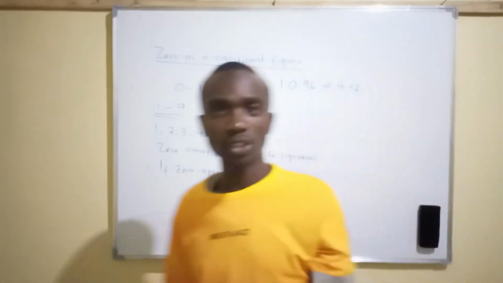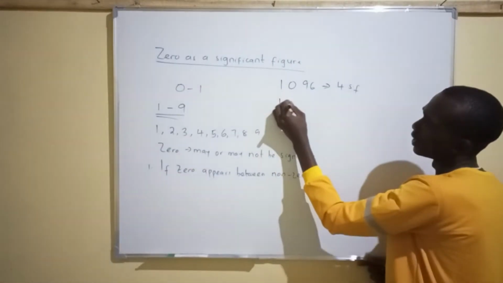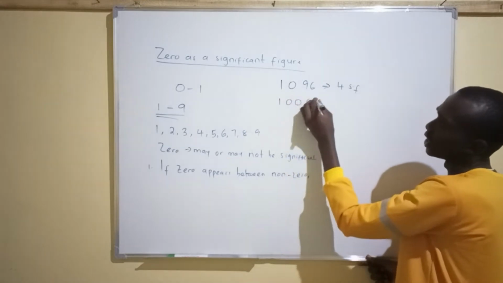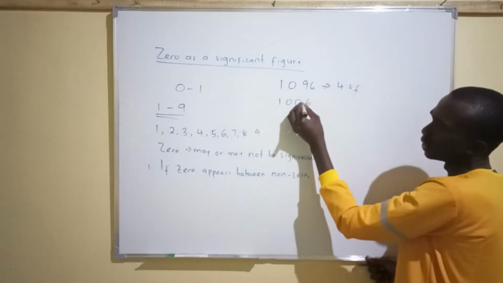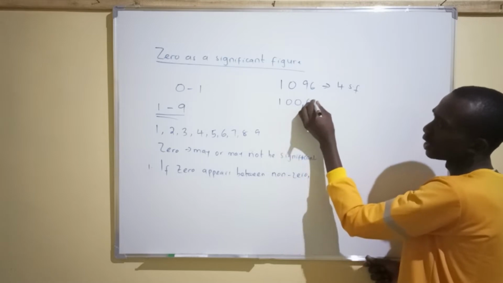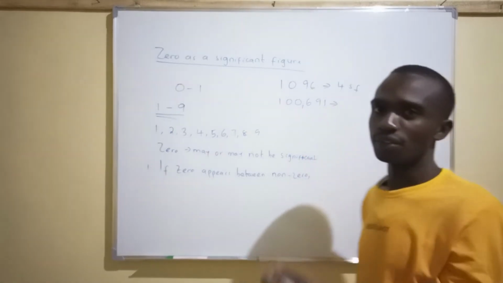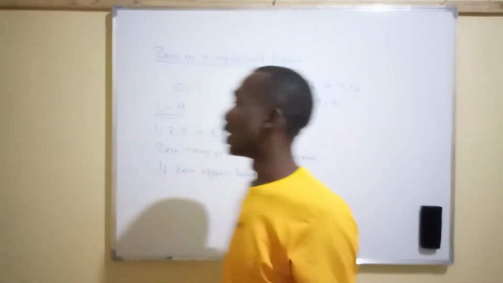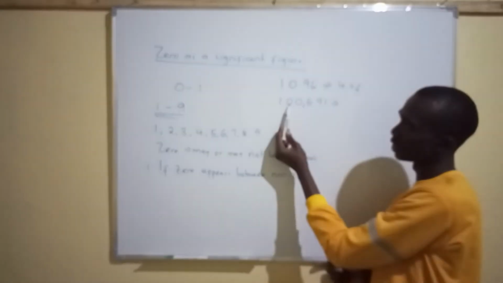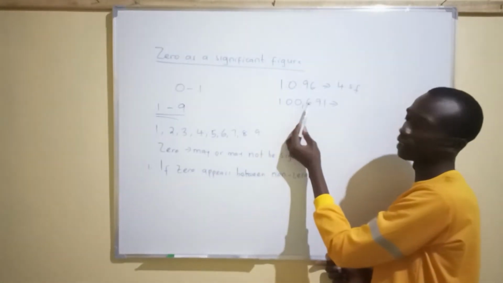Now, what if I have an example like 168,100,691? How many significant figures are these? We have two zeros in between. The first 0 is near 1, the second 0 is near 6.